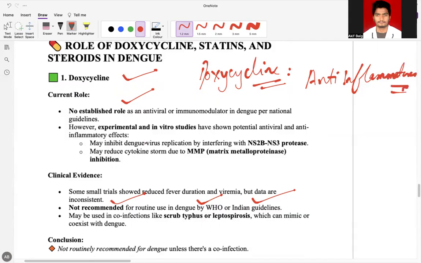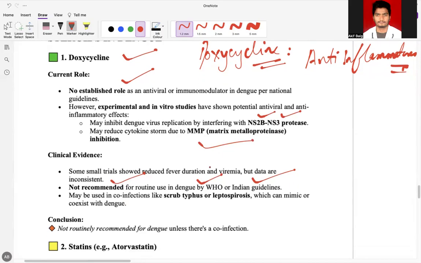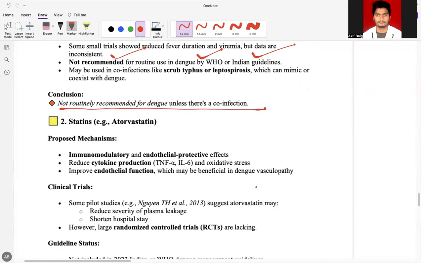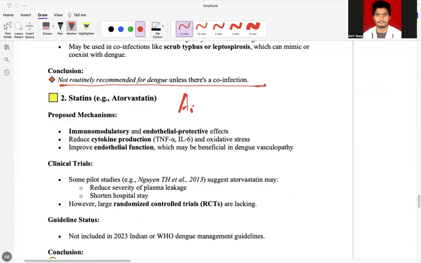It inhibits dengue virus replication by interfering with NS2B, NS3 protease and through matrix metalloproteinase inhibition. Conclusion: it is not routinely recommended for dengue unless there is co-infection with other diseases. Statins also have anti-inflammatory action and it was thought that they could be useful.